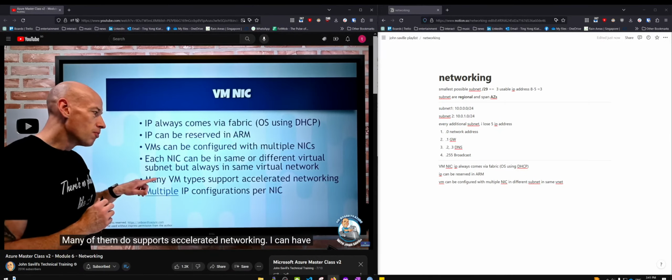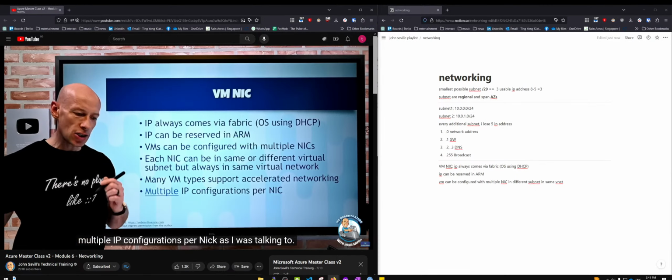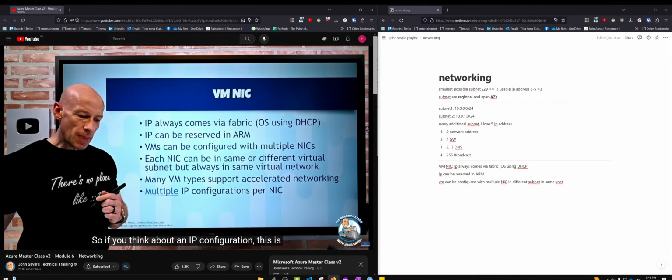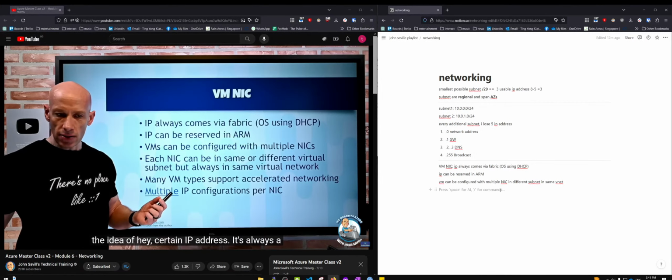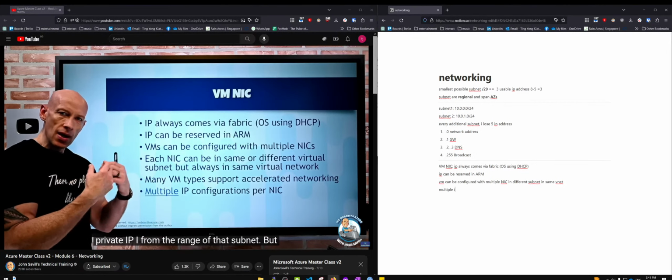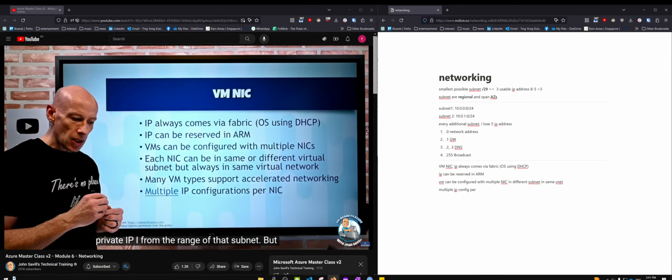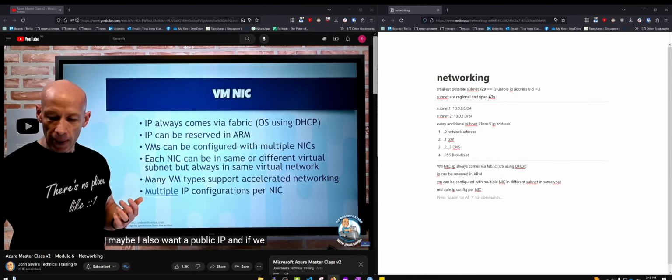I can have multiple IP configurations per NIC, as I was talking about. If you think about an IP configuration, this is the idea of, hey, a certain IP address. It's always a private IP, i.e. from the range of that subnet, but maybe I also want a public IP.